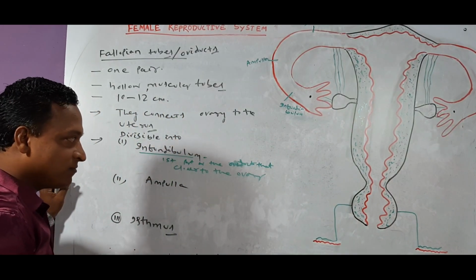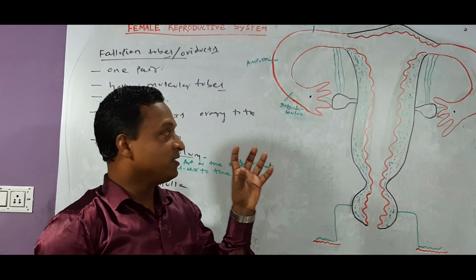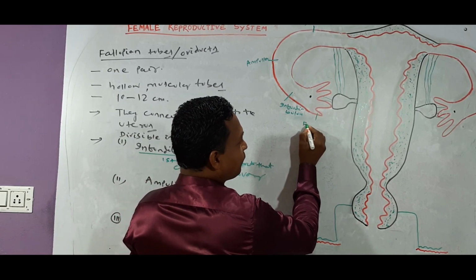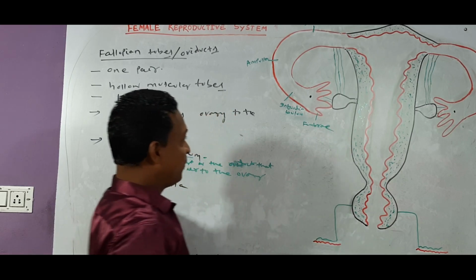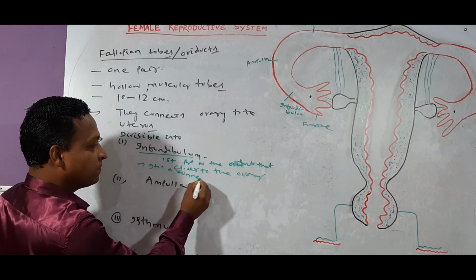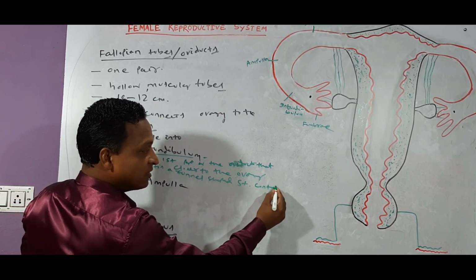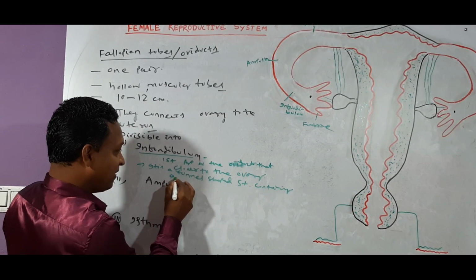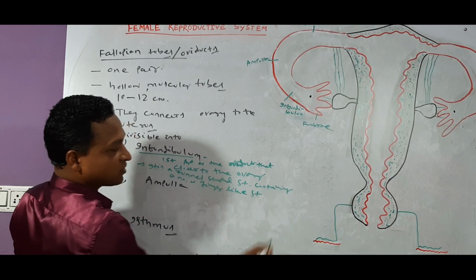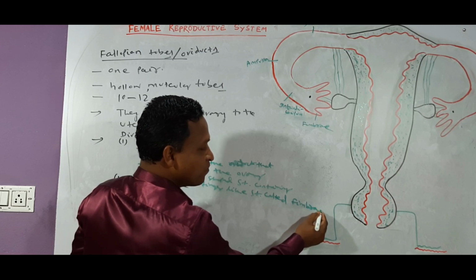It is a funnel-shaped structure containing a number of finger-like structures called fimbriae.